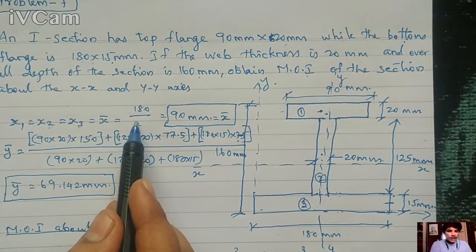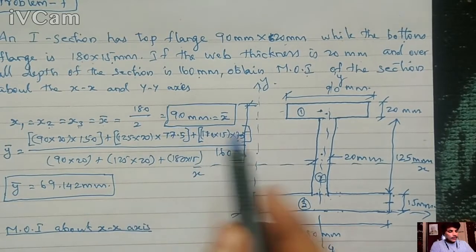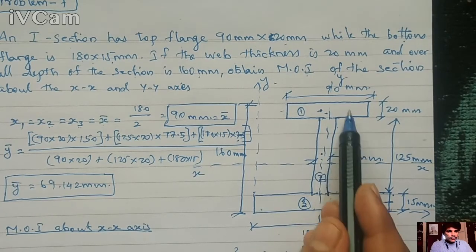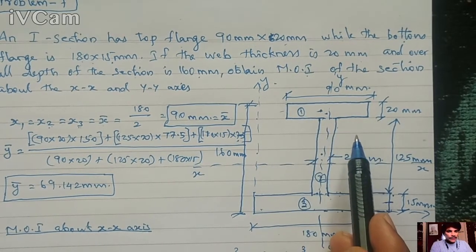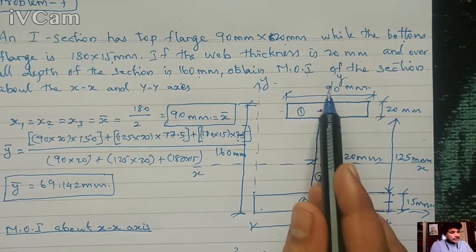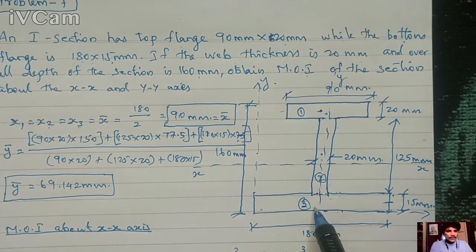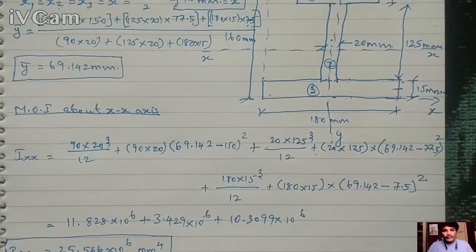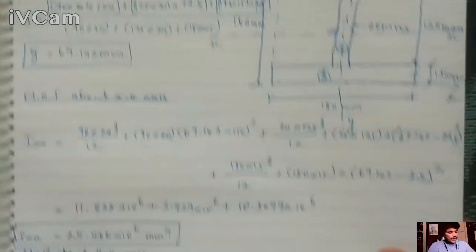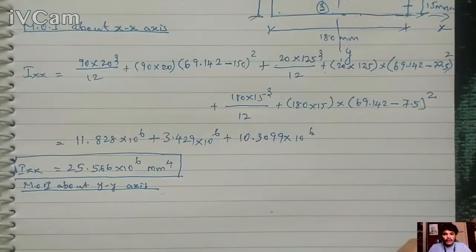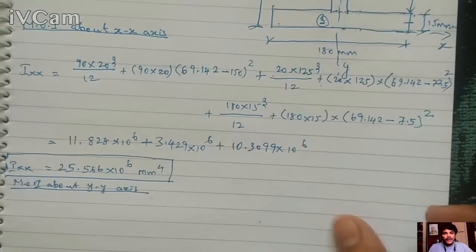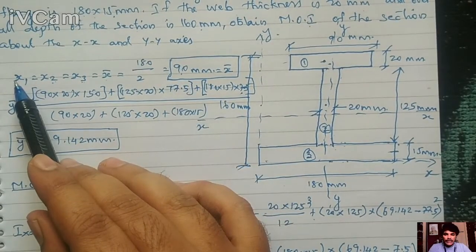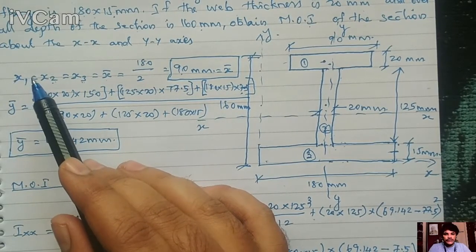That is, the individual centroids of the I section and the centroid of the whole I section are all coincident in the same line. Here the h1 bar term will be neglected, because for this Iyy, h1 bar is x bar minus x1. So x bar value is 90 mm and x1 value is also 90 mm. So 90 minus 90 is 0.